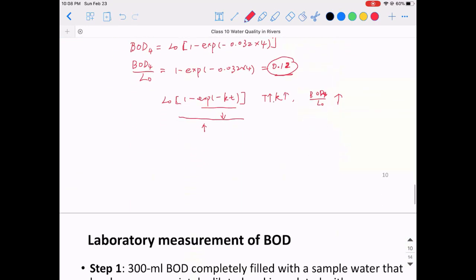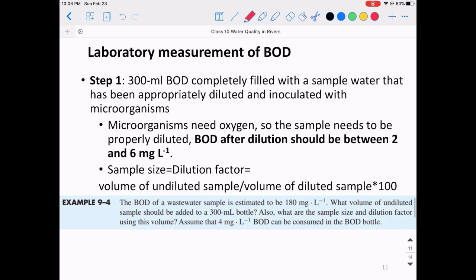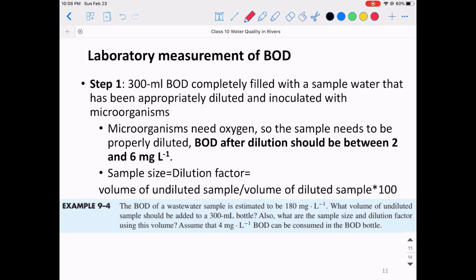So here we introduced a concept of how we can theoretically or more accurately determine the BOD. And actually, you're going to start a lab session this Wednesday and Thursday about the laboratory measurement of the BOD. So the measurement of the BOD typically needs 4 steps, okay?